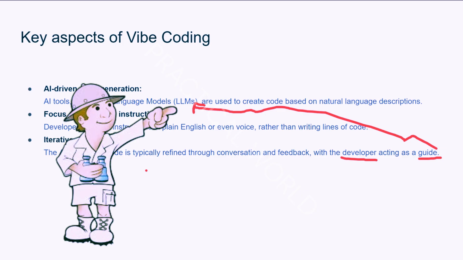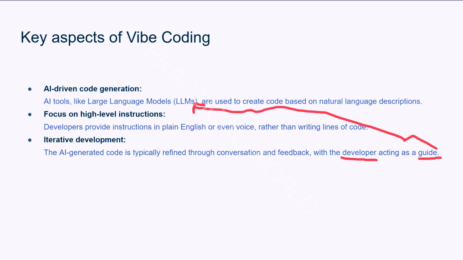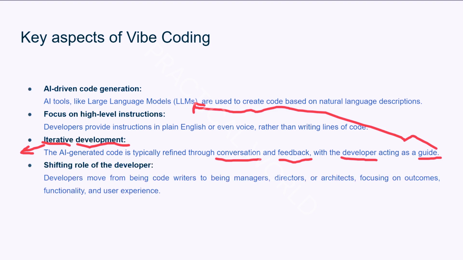So what happens when you give some instruction? In one instruction, or in one pass, it will not give complete code or the actual desired results. So developers need to give feedback again and again. That's why it is iterative development. Iterative means again and again the developer needs to guide the LLM.